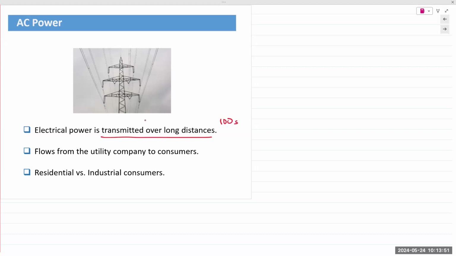Now, the power is flowing from the utility company to the consumer. And consumers are of two kinds, residential and commercial, or residential and industrial. This is a big distinction when it comes to electric power. The reason is because most industrial customers have huge electric machines that run constantly, sometimes 24 hours a day, 7 days a week.